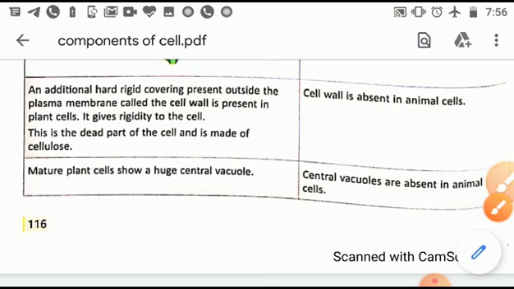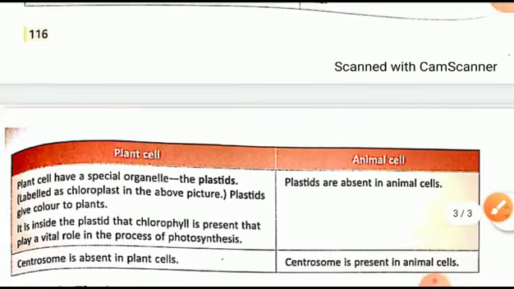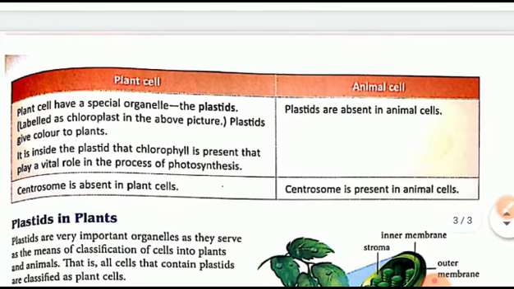Next we have the plastid, which is another important characteristic organelle of plant cells. Plant cells have a special organelle called the plastid, and inside the plastid we have the chloroplast. Plastids give color to plants.